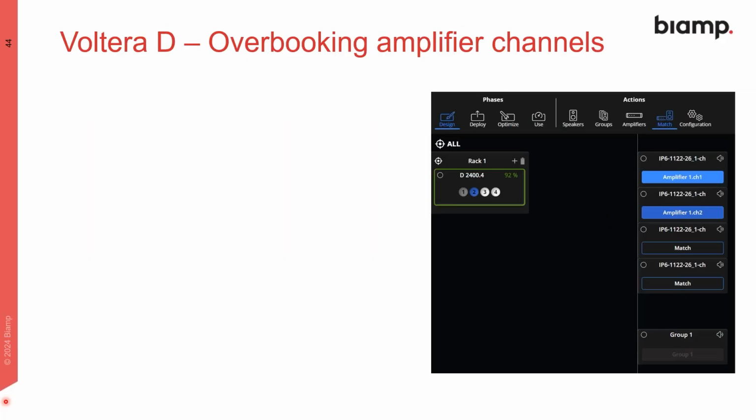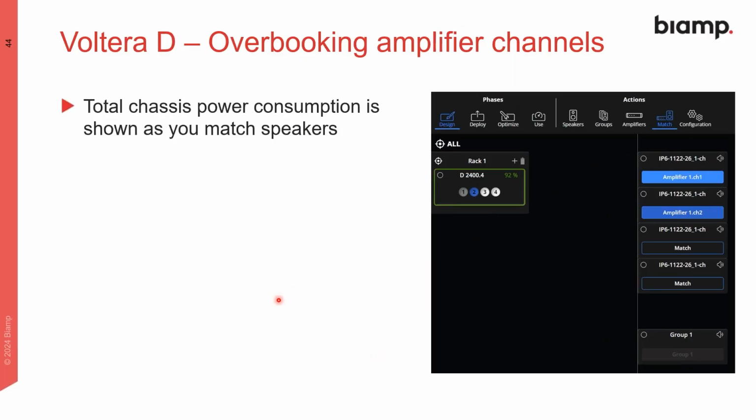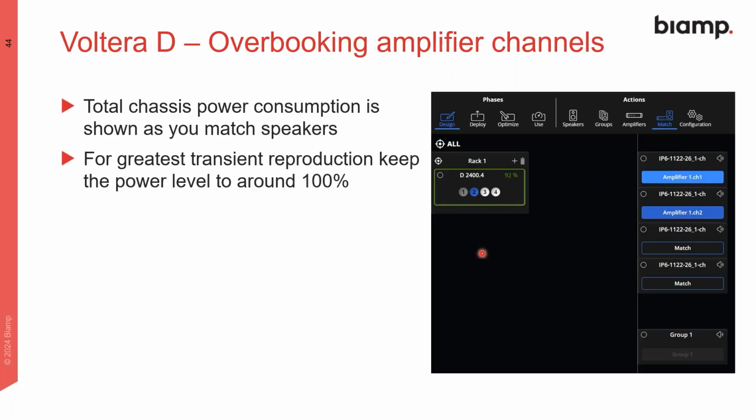Overbooking amplifier channels. When we are in our design phase and matching speakers, this percentage, the way I have it shown here in the example, is what percentage of the total chassis power is being used as you match your speakers.